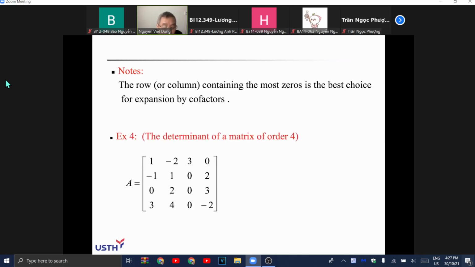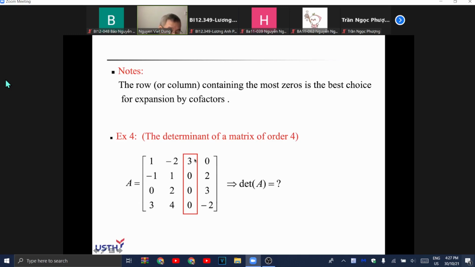In the example here, suppose that A is a 4 by 4 matrix like that. We need to find its determinant. And obviously, we choose this column, that column contains only one non-zero entry.